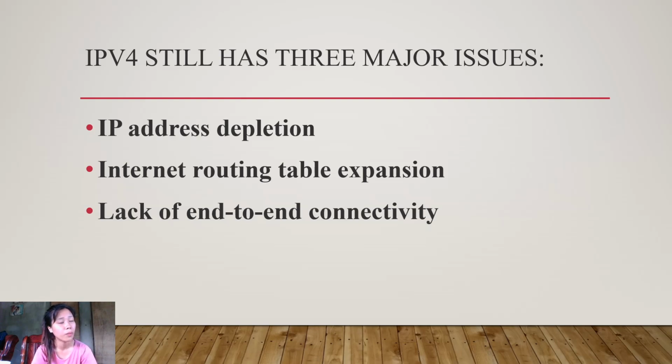For the lack of end-to-end connectivity, address translation or NAT is a technology commonly implemented with IPv4 networks. NAT provides a way for multiple devices to share a single public IPv4 address.